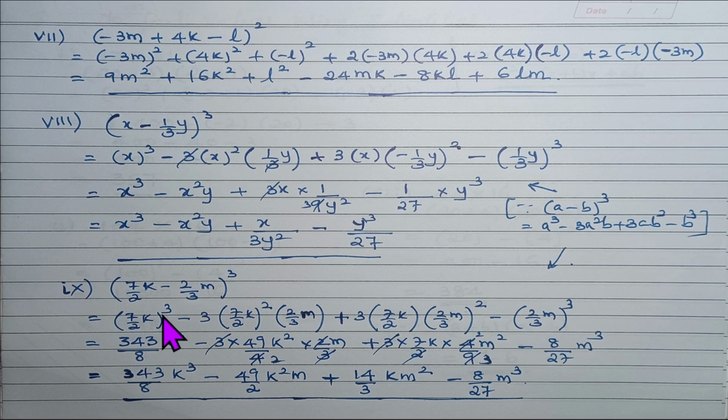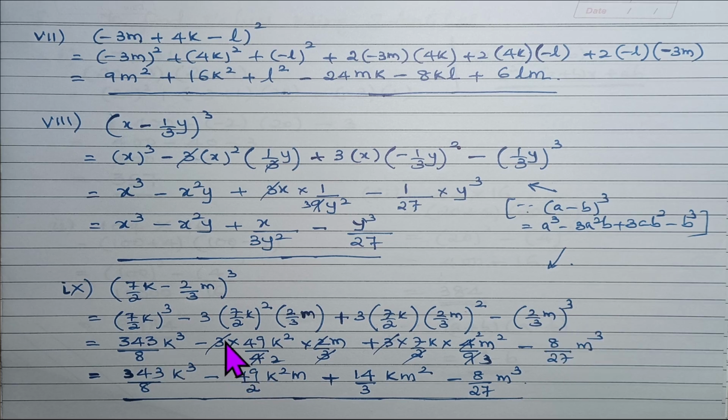Now simplifying, 7 cube is 343, 2 cube is 8, k cube, and then here we have got minus 3, 7 square is 49, 2 square is 4, 2 by 3m, and here we have got 3 into 7 by 2k, and 2 square is 4, 3 square is 9, m square, minus 2 cube is 8, 3 cube is 27 and m cube.